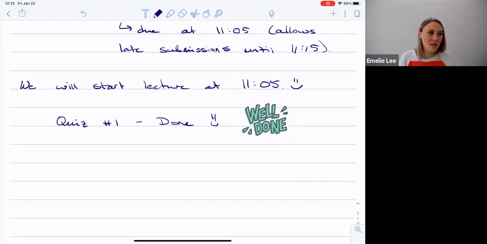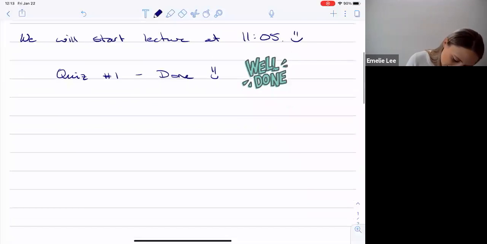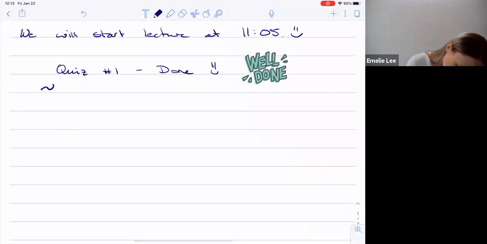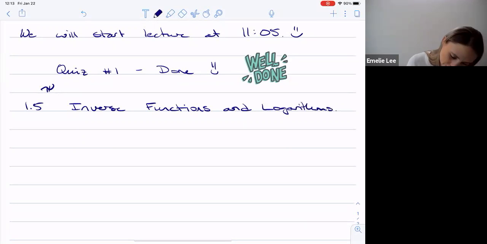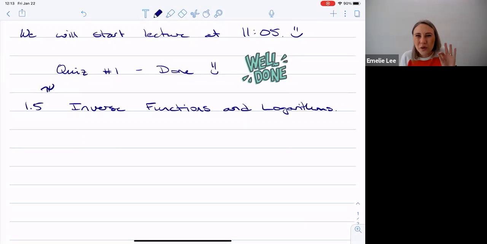All right, so let's see. Section 1.5 is on inverse functions and logs. We won't do any review because we did exponential functions, and they were a little bit on the quiz, but they'll come up later, so I'm not too worried about them.